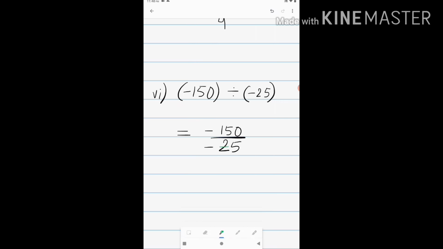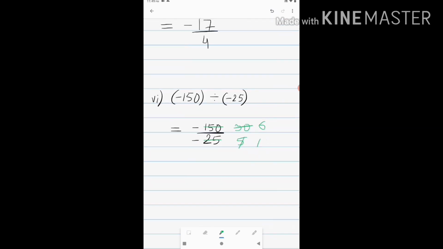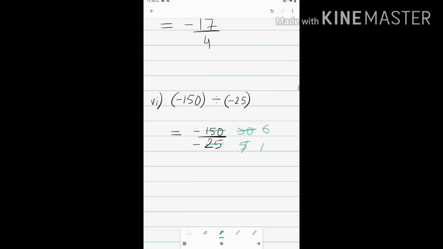So we'll begin with 5. 5 5s are 25, 5 3s are 15 and 0s are 0, 5 1s are 5, 5 6s are 30. So you can see, if we cancel it, we get 6 and 1. Now we cannot cancel it any further.